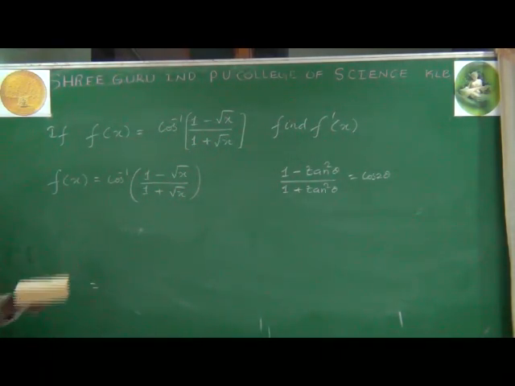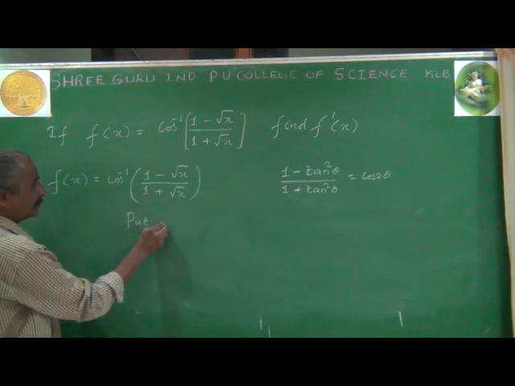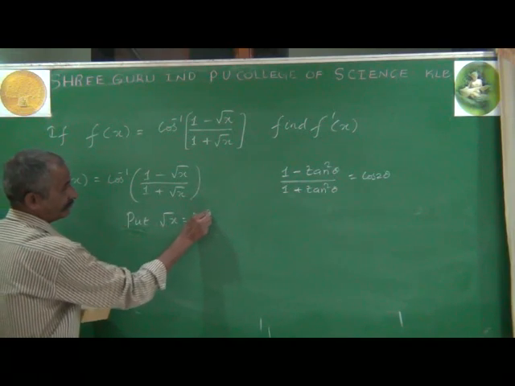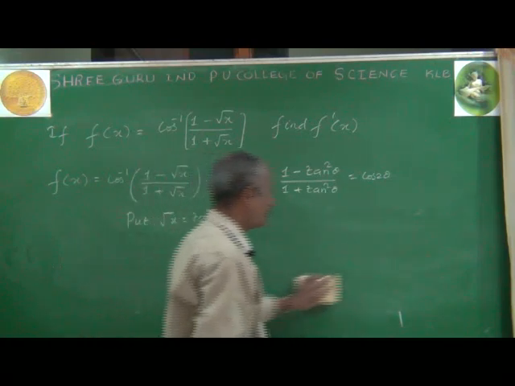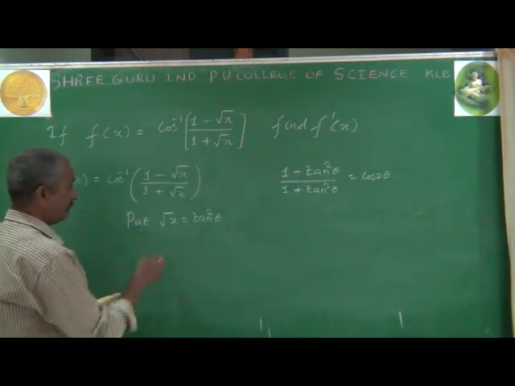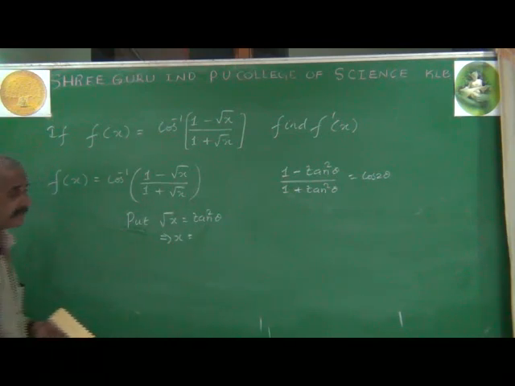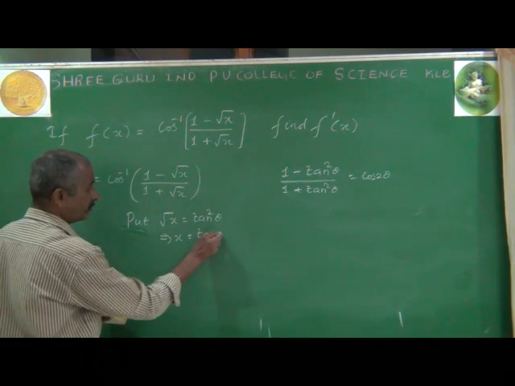On the basis of that formula, we shall now put root x equal to tan square theta. Putting root x equal to tan square theta is the same as x equals, to make it x, we have to square on both sides, and it becomes tan theta power 4.